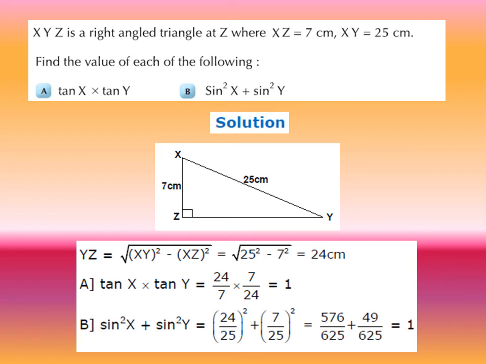Number B, sine squared X plus sine squared Y equals 24 over 25 all to the power 2 plus 7 over 25 all to the power 2 equals 576 over 625 plus 49 over 625 equals 1.